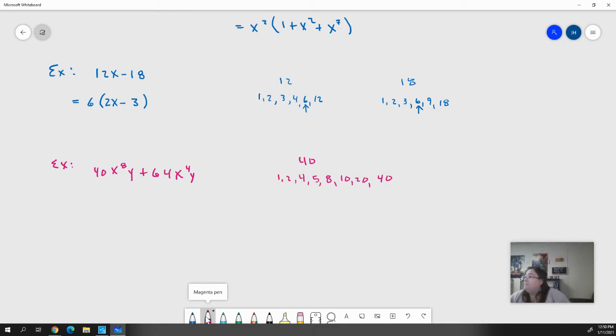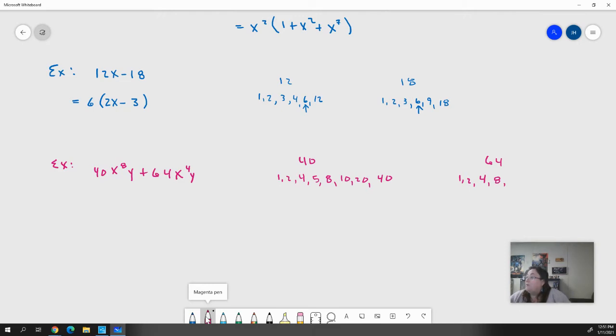I'm going to do the same thing for 64. I'm going to go 1, 2, 3, no, 4, yes, 5, no, 6, no, 7, no, 8, yep, 8 times 8, right? So looking at this right now, I already know that 8 is going to be the greatest common factor.